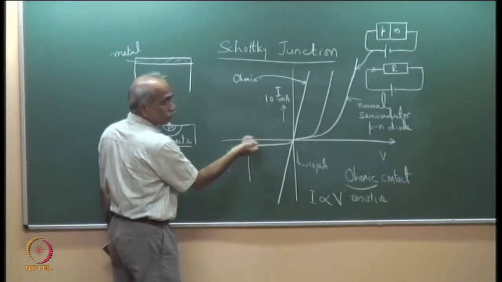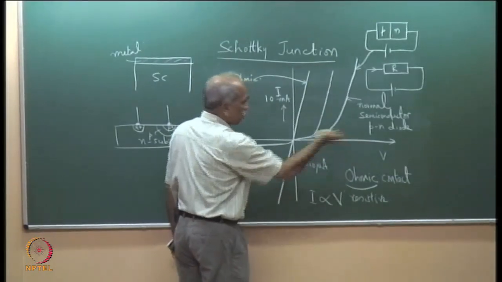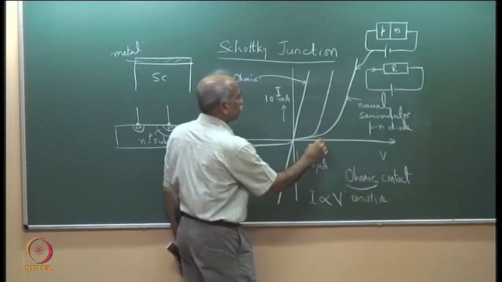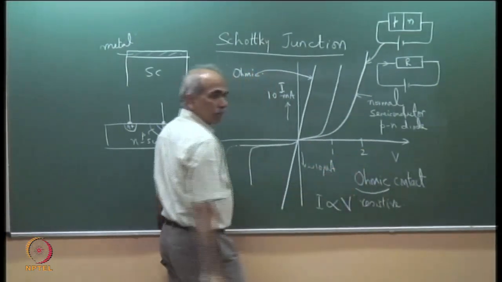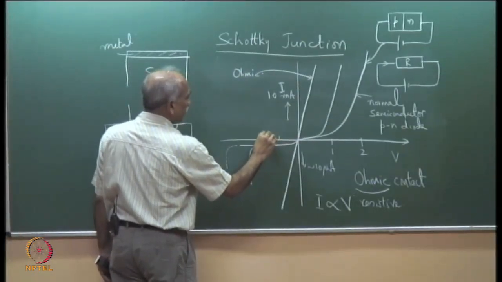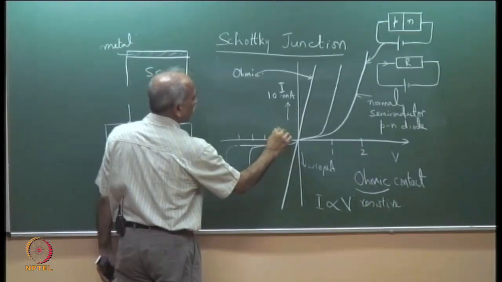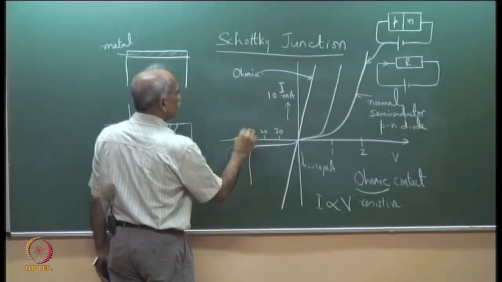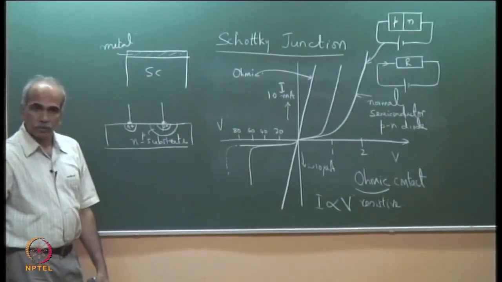This will be tens of volts here, and this just a couple of volts. Typical numbers, this may be 1 volt, this may be 2 volts. And here it could be 10, 20 or 50, 100, so it depends, 20, 40, 60, 80 volts reverse voltage.